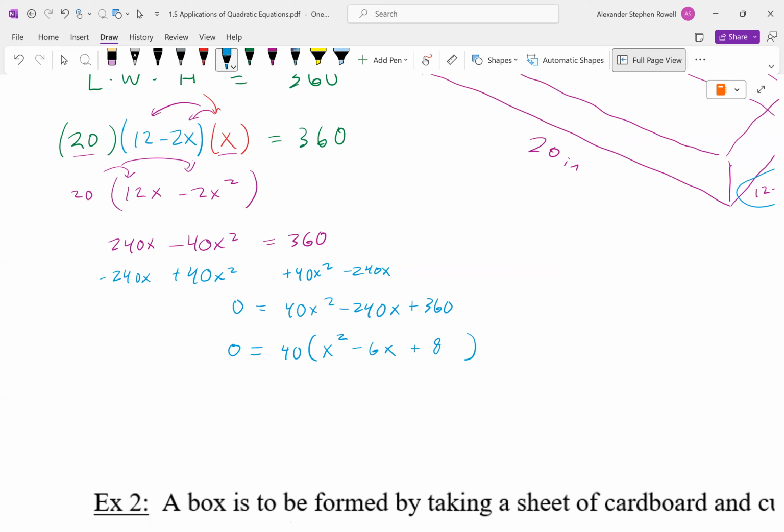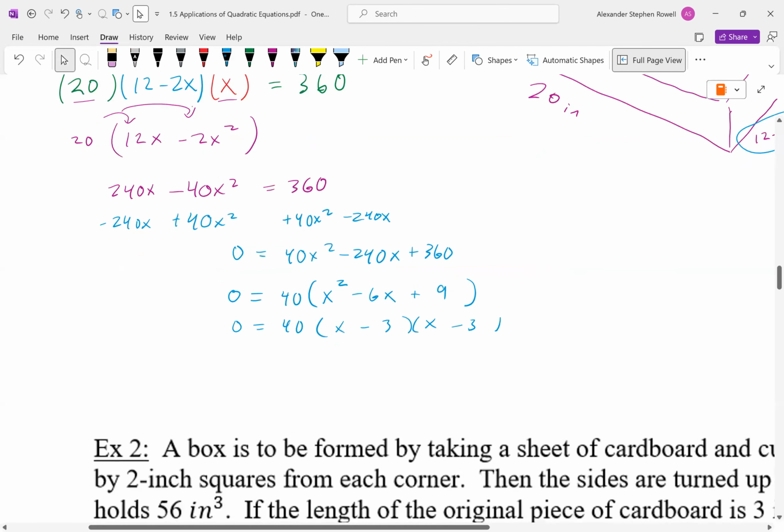Okay, so can we factor this further? No, that's not 8. 9. So can we factor this further? Factors of 9 that add to make negative 6. Negative 3 and negative 3.